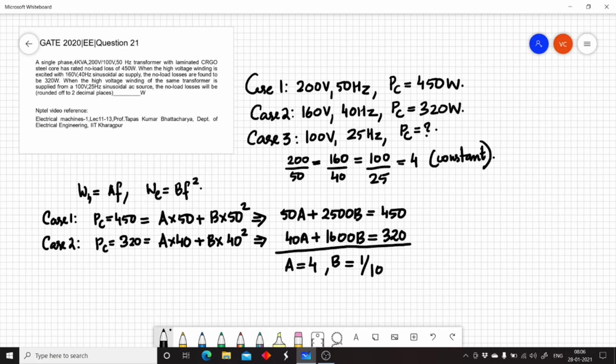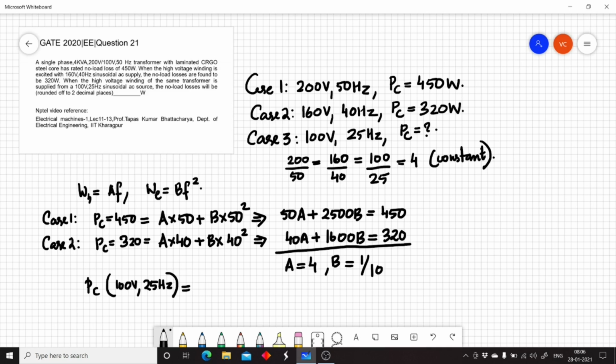Now we have to determine the core loss, that is, the value of PC for 100 volt 25 hertz.